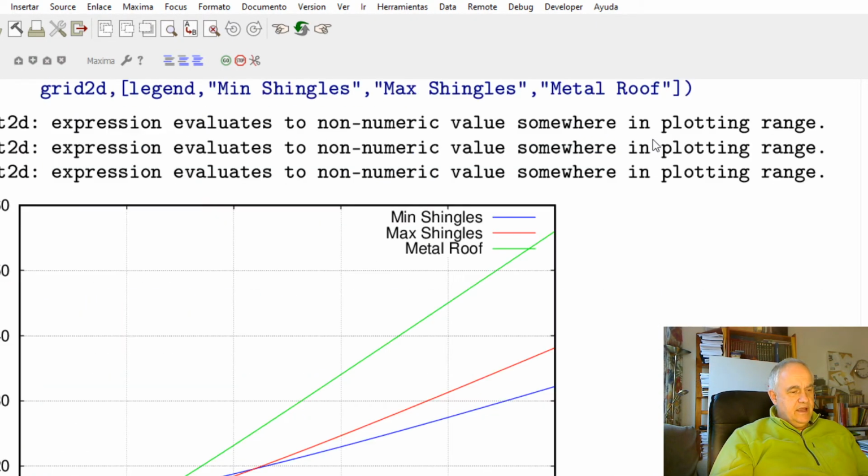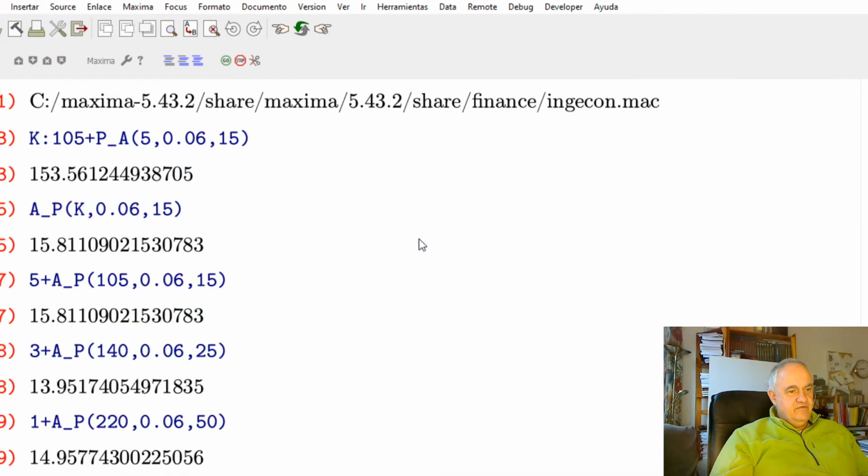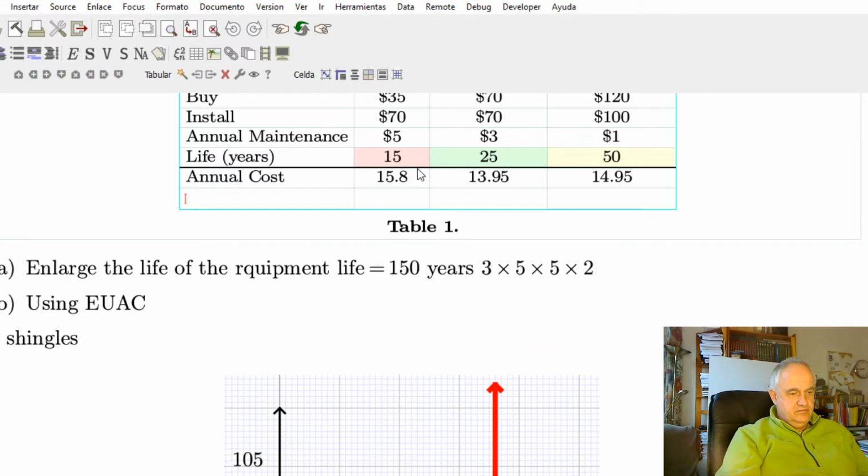Okay, so now we can add here the range of R that makes each competitive.